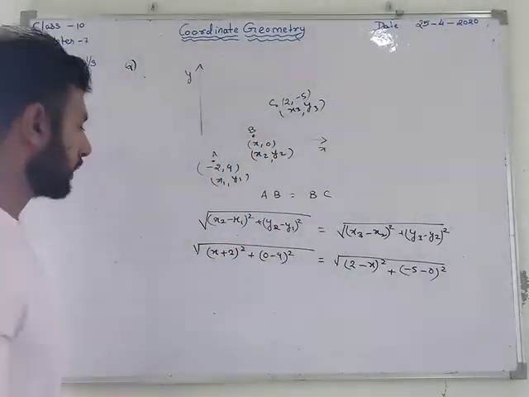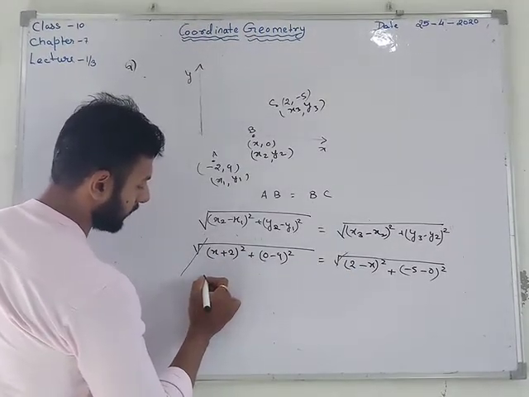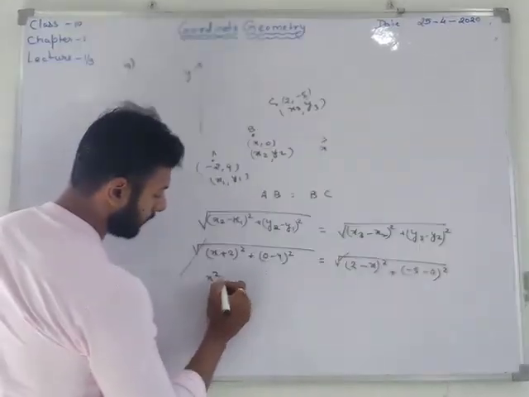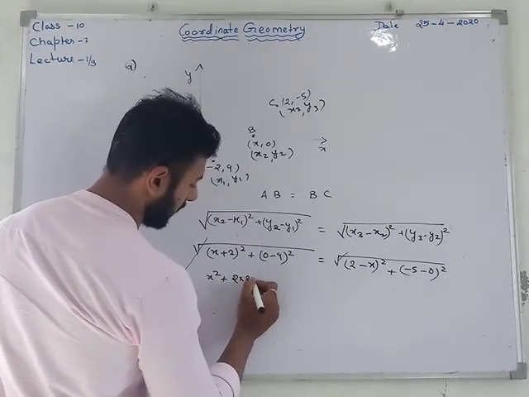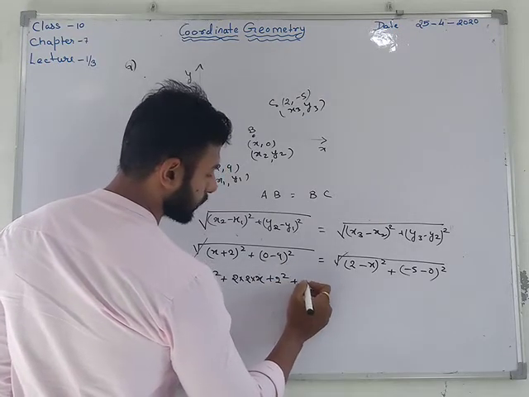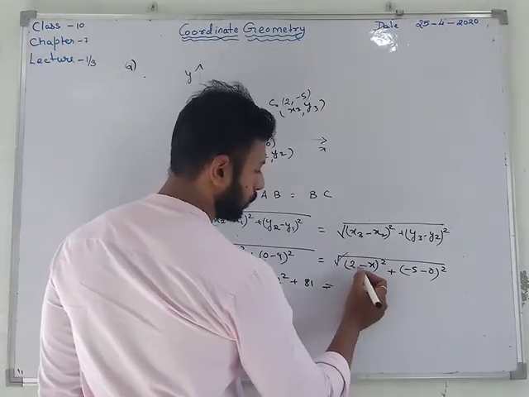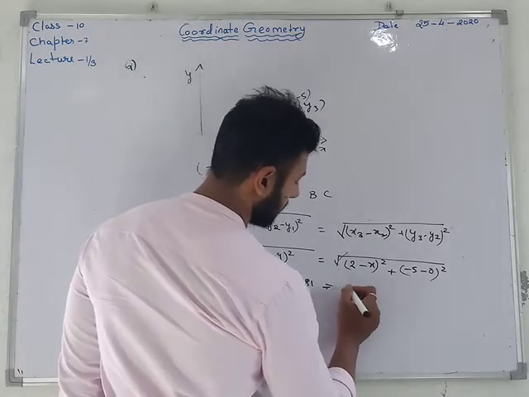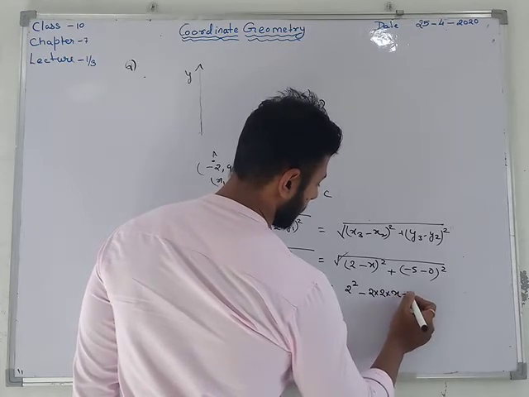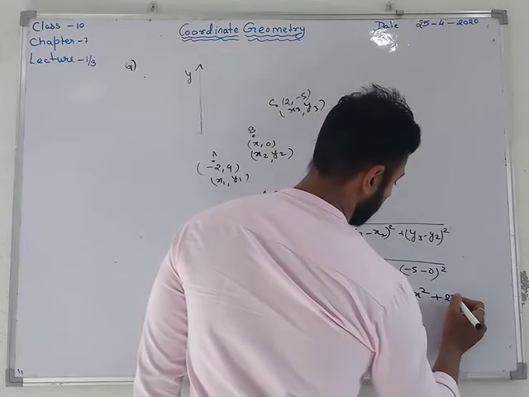The under root will get cancelled out. (x plus 2) whole square, we open by the identity (a plus b) whole square, x square plus 2ab plus b square, minus 9 square will be 81, is equal to (2 minus x) whole square. It can be written as 2 square minus 2ab plus b square, minus 5 square will be 25.